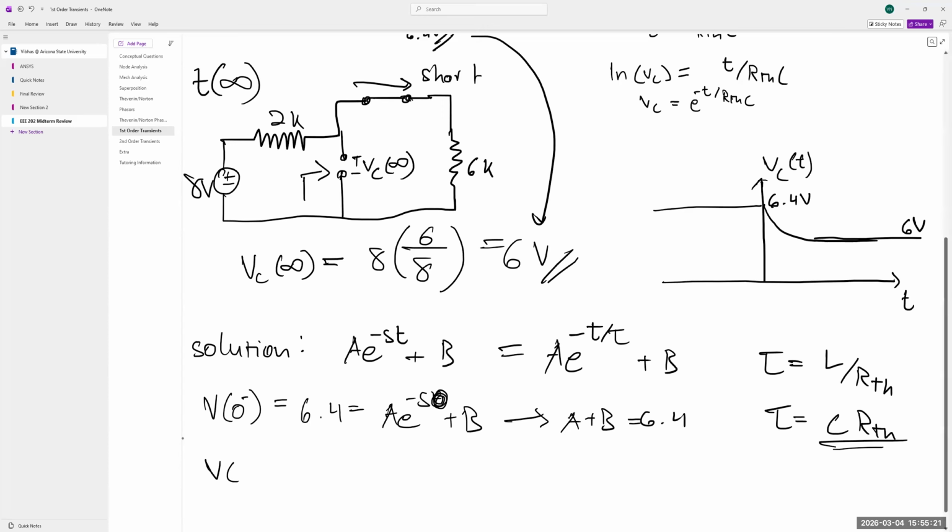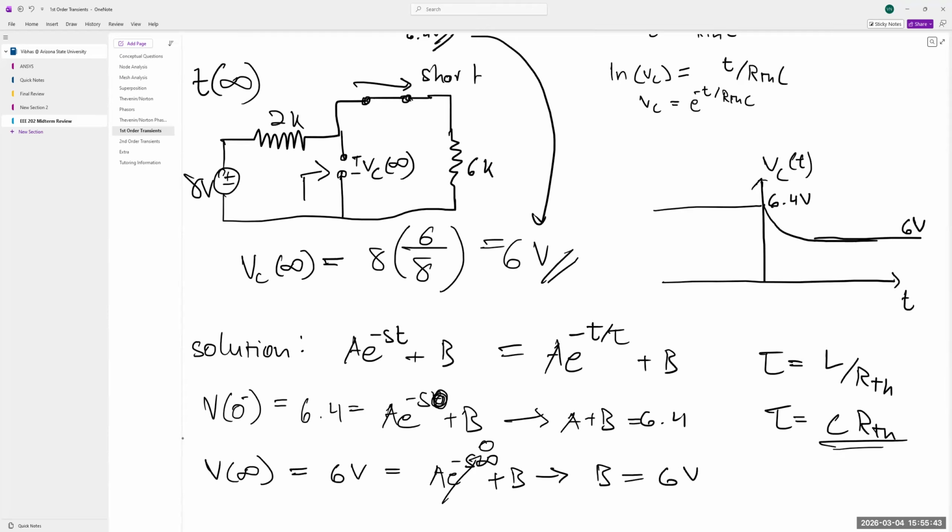Okay, how about at infinity? V at infinity, we found it to be 6 volts, right? So we're going to plug in a e to the power minus s times infinity. So e to the power negative infinity is going to go to 0, right? So all we're left with is b. So we know b is equal to 6 volts.